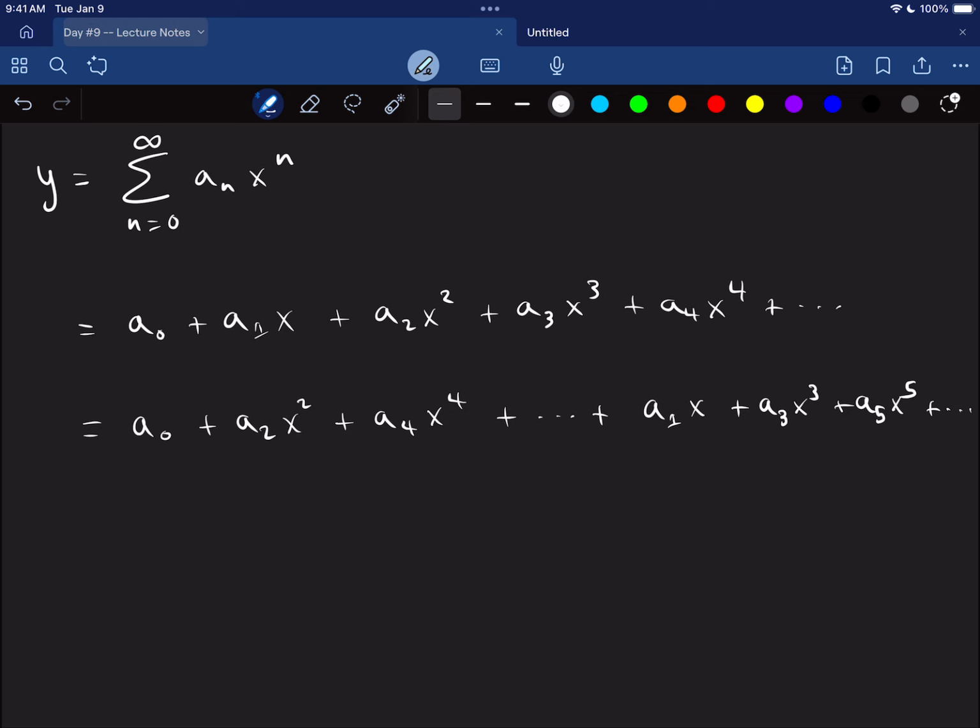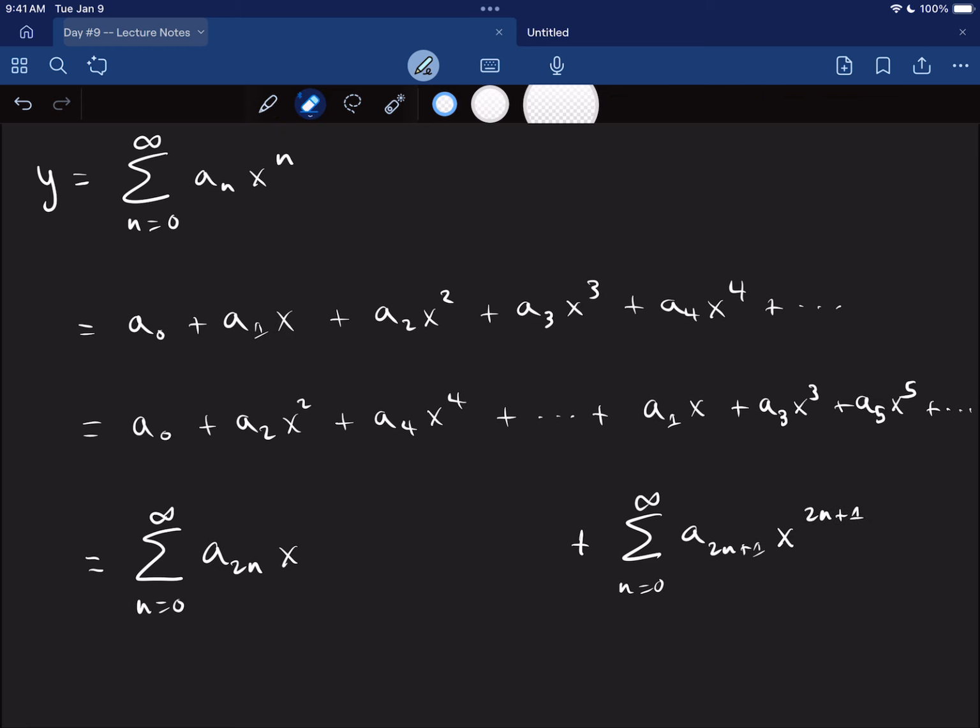And maybe get a little hand wavy here, but as we already said, I have a formula for all of these even coefficients, and I have a formula for all the odd coefficients. So how this actually just breaks down is this is a sub 2n x to the n plus a sub 2n plus 1 x to the, oh, and excuse me here, I have a little typo.